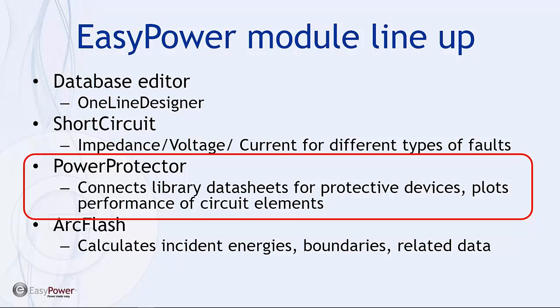All of these modules interact, and we're right at the crux when we talk about protective device coordination, where the overlap can be significant, and it's important to know how these different modules interrelate at that juncture. So this is what we're going to be covering today.